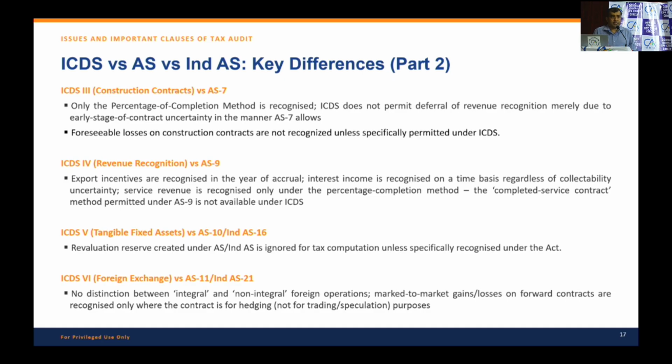The technical answer is yes, because you have provided depreciation as per books as per AS 10, and as far as IT is concerned, as per ICDS 4. Typically, how do you see the computation? In a normal computation, you start with normal profit and loss, add depreciation as per books, less depreciation as per IT. Now I've seen the problems of reporting here. If I report here and I do that adjustment as well, when it comes to intimations, it gets doubled.